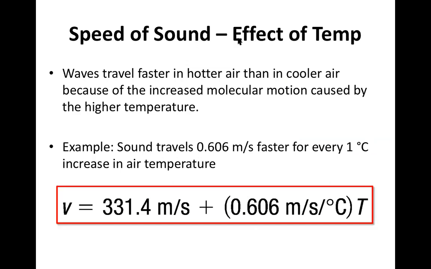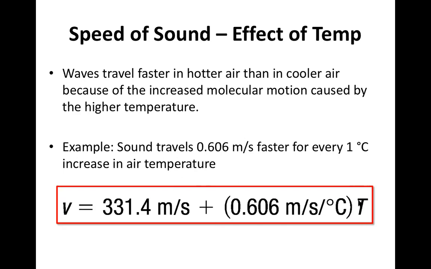Okay, speed of sound. There is an equation that connects the wave speed, when we're talking about sound, to the temperature of the air. Waves travel faster in hotter air than in colder air because there's an increase in molecular motion caused by the higher temperature. For every 1 degree Celsius that you increase the air, sound is going to travel 0.6 meters more per second.